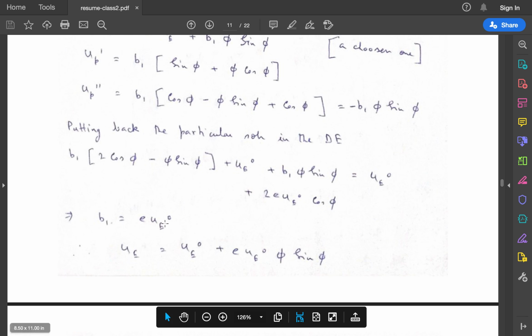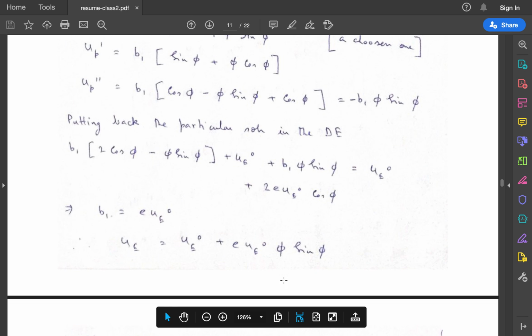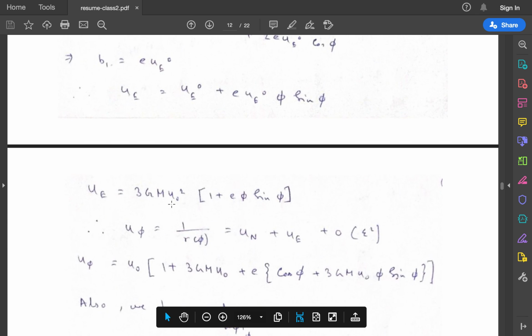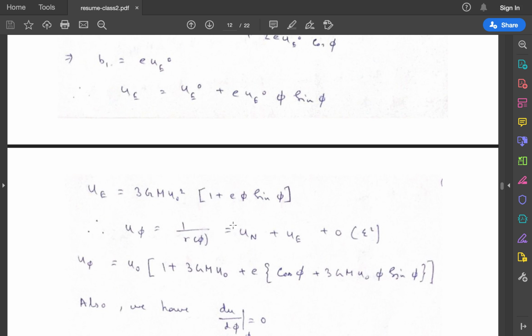So this is the total solution for the Einstein correction, or the GR correction. If I write u0 in terms of our known quantities, 3GM by u0², I have this term, and this is the total solution for the GR correction.